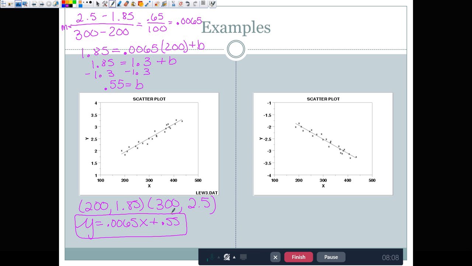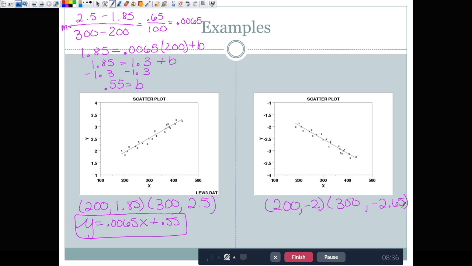Okay, so here at 200, my line is approximately negative 2. Let's say that's negative 2. So 200, negative 2. And at 300, my point is approximately negative 2.65. Again, they might give you points to use too, then you will have the same answer.